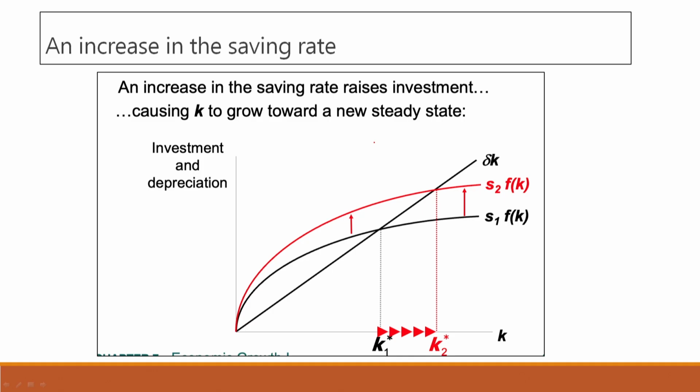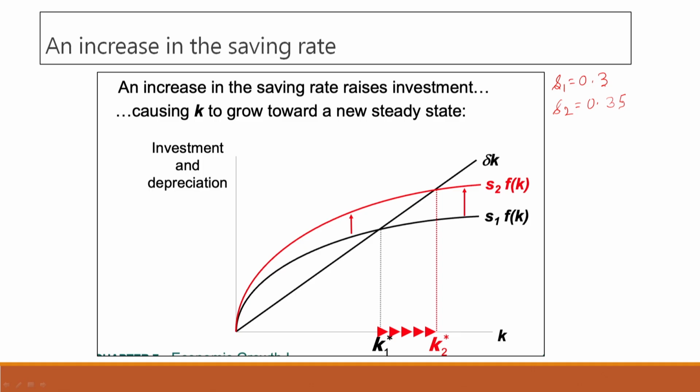Let us say S1 earlier was 0.3, which is 30%. Now S2, the new saving rate: people have started saving more, as a result of which the savings rate has gone up. Everything else remains unchanged; the production function is not changing, our delta value is not changing, nothing else is changing.